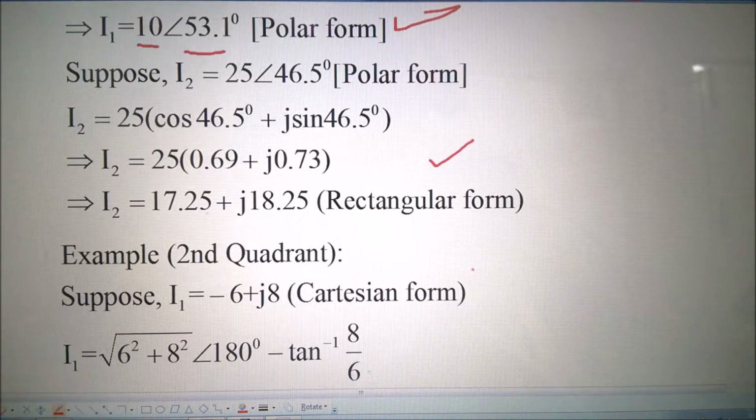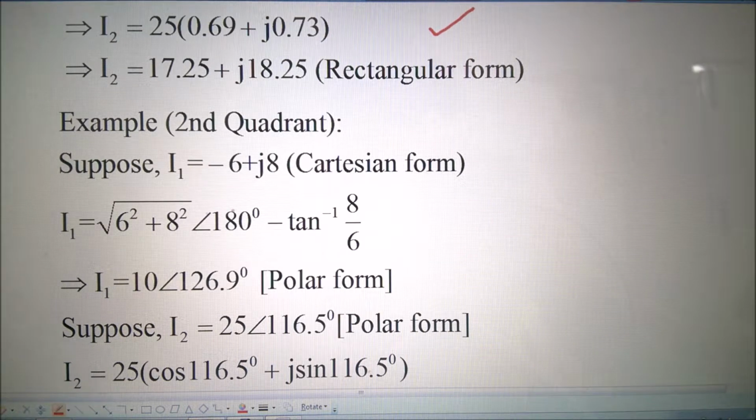In the second quadrant you can see that your x coordinate, that means real, is negative and the imaginary is positive. In that case, from when we studied complex numbers in mathematics, we know that the angle is 180 degrees minus tan inverse of imaginary divided by real.